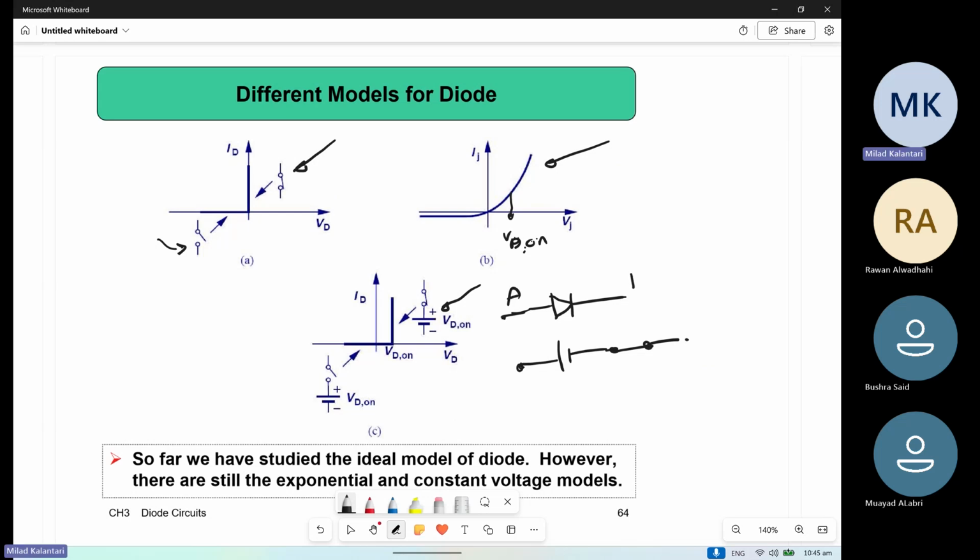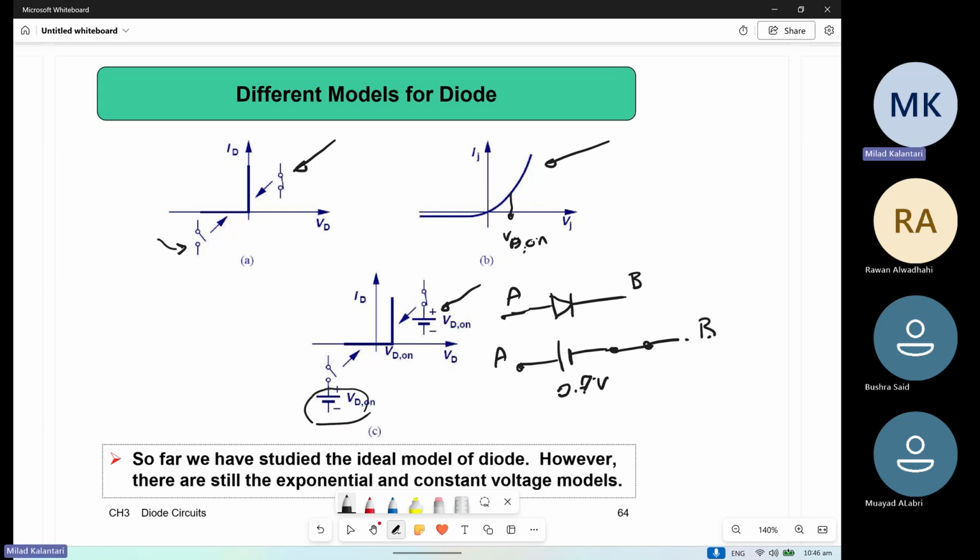Say here is A, here is B. Basically, it needs some extra voltage to turn on first. Usually we assume something like 0.7 volt for the silicon diode. And once it is reverse biased, again you can assume there is some built-in voltage.